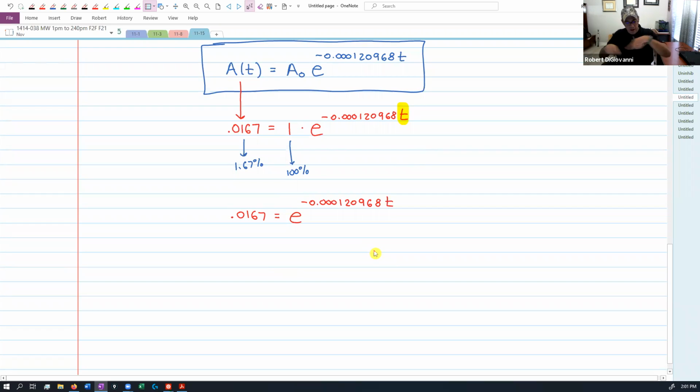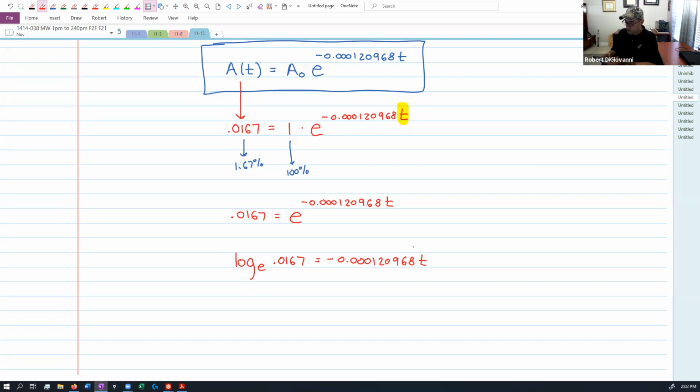Log now, right? Just create your little log. Log base e of 0.0167 equals negative 0.000120968 T. All right, let's go ahead and do that.